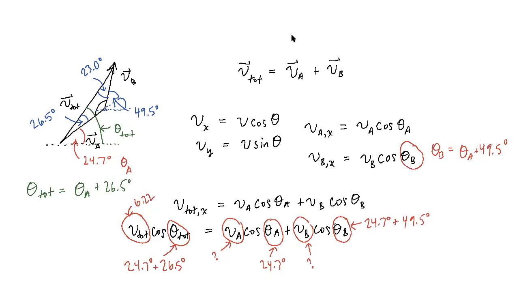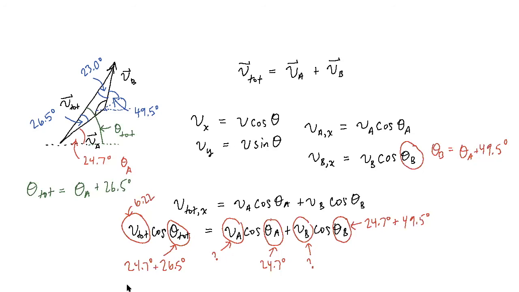So we need another equation so that we can have two equations, two unknowns, and then we can solve. What we just did with the horizontal components, we can do the same thing with the vertical component. You get the vertical component by simply putting in the sine of the angle with respect to the horizontal instead of the cosine.